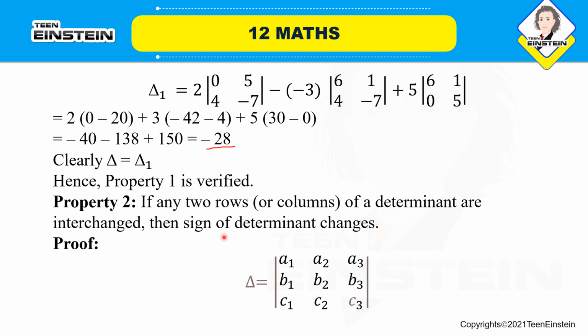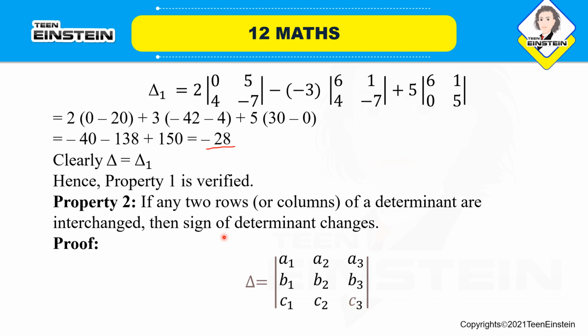So this is the difference between the first two properties. In the first property, if you interchange the rows and columns, then the value of the determinant will not be changed. But here, if any two rows or columns are interchanged, then there will be a change in the sign, not in the value, right?